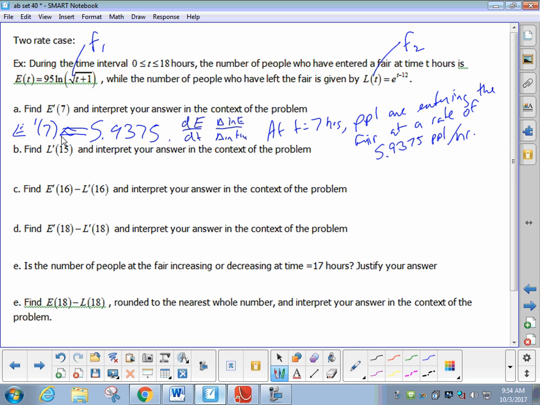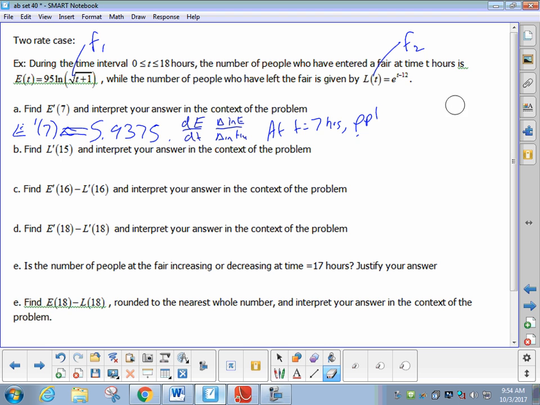All right. Yeah, I don't like it. You have to say whether the number of people is increasing or decreasing. I'm not interpreting the sign well. It's not really in there. Entering kind of implies it, but not well enough.